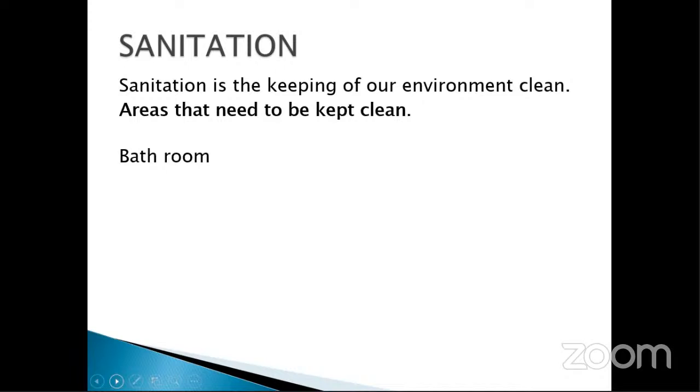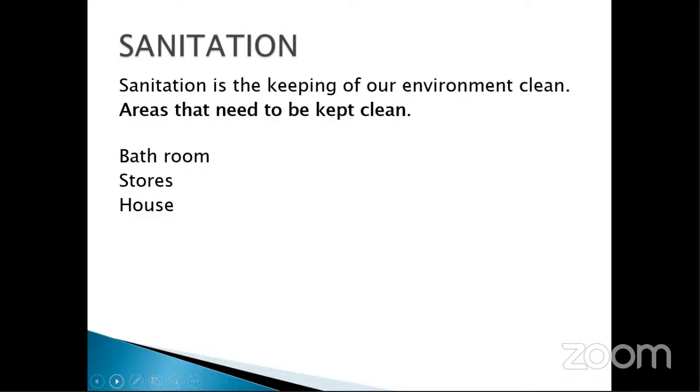One of the places that you need to keep clean is the bathroom, the store or stores, where you keep very many things at home. You also need to keep the house clean. That's why every time the house is swept, the house is mopped, the house is organized, because we need to keep sanitation.